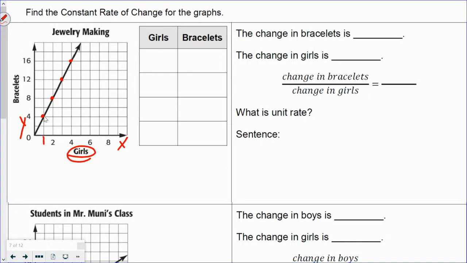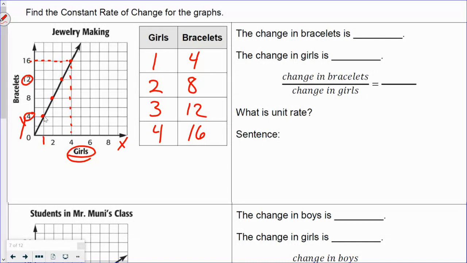For one girl, we have 4 bracelets. For 2 girls, we have 8. For 3, we go to 12. And then for 4, go to 16. Just to give you a visual where I'm finding these numbers from.